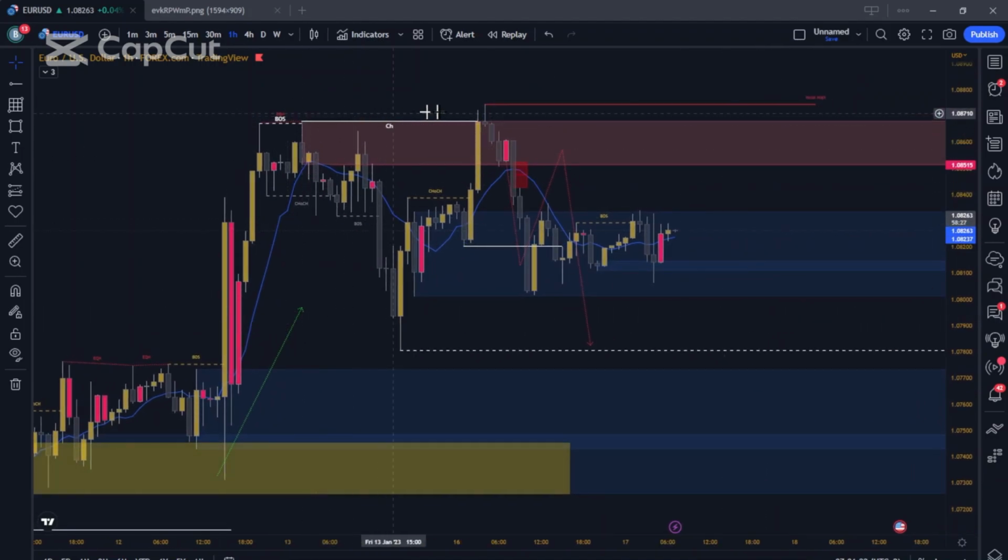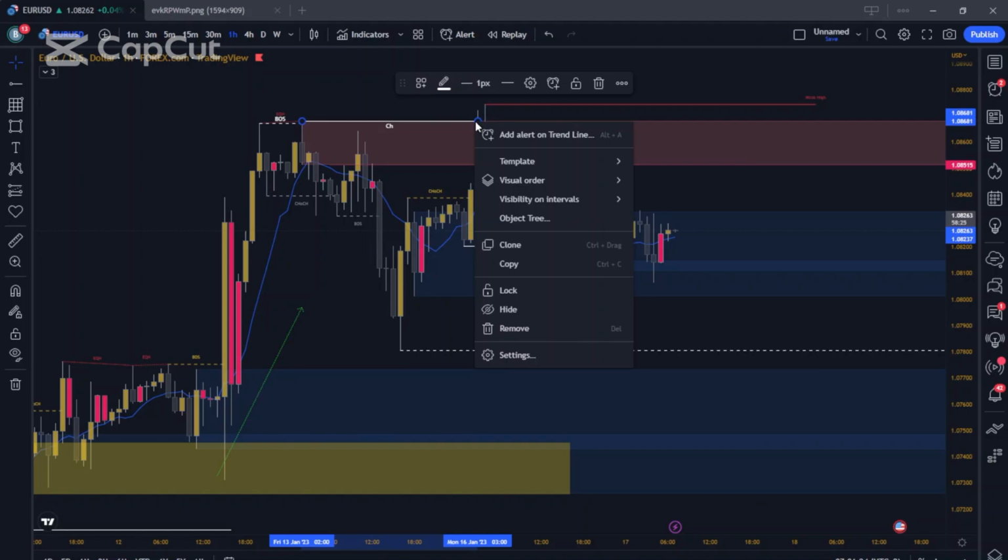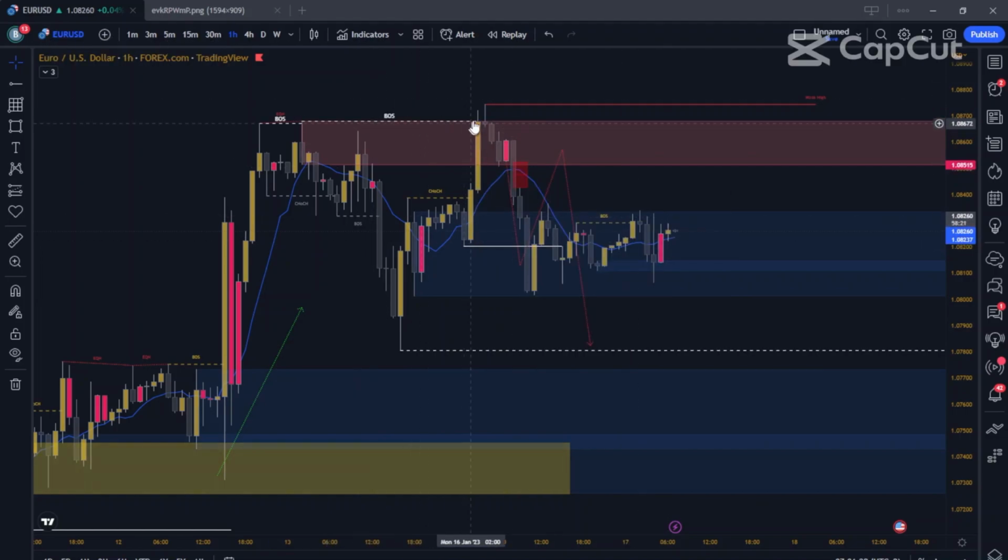We've got a break of the structure up here. That's a break to the upside. From there we broke the structure. So based on this break, I'm expecting a retracement into a supply up here. We've got this one up here that's been reacted to.